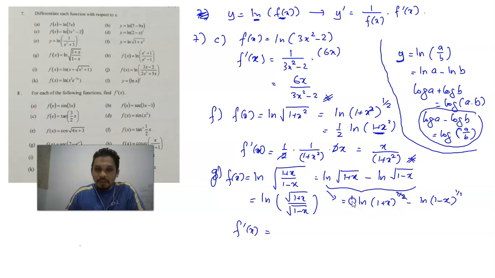Bring this half in front: 1 over 2 and also 1 over 2.